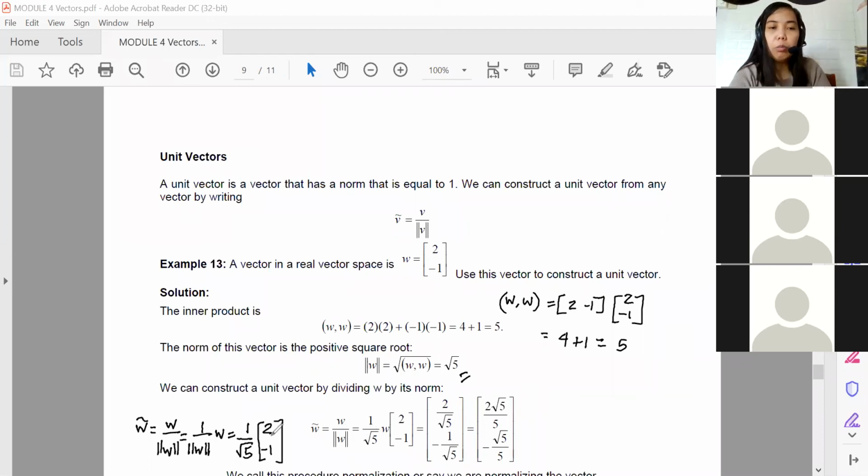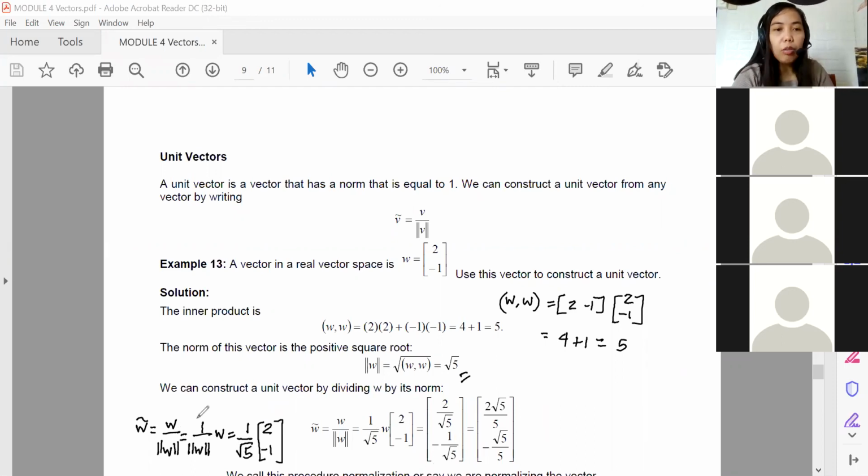And then, scalar multiplication. 1 over square root of 5 times 2, that is 2 over square root of 5. This is our scalar, class. You're going to multiply it in each component. 1 over square root of 5 times negative 1, that is negative 1 over square root of 5. Saan galing yung 1?